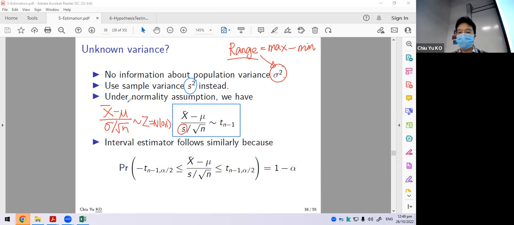And replacing with S will give the T bell. Just to remind you what the T bell and the Z bell look like, it's like this. If you have the Z bell, it will look like this.